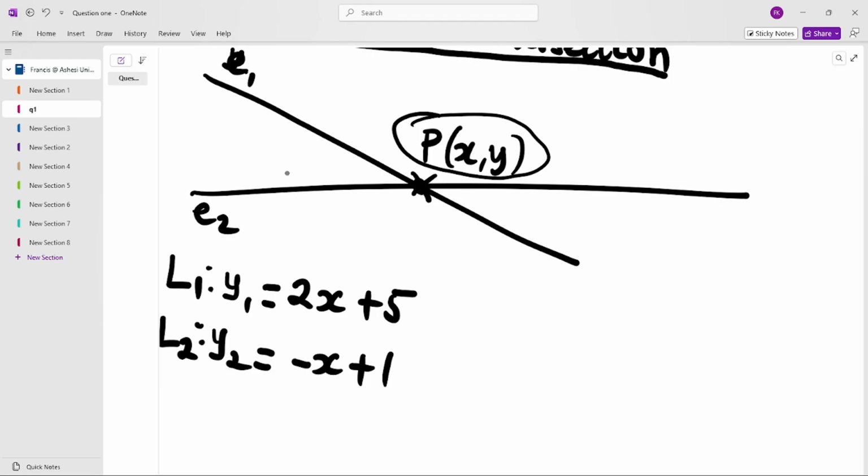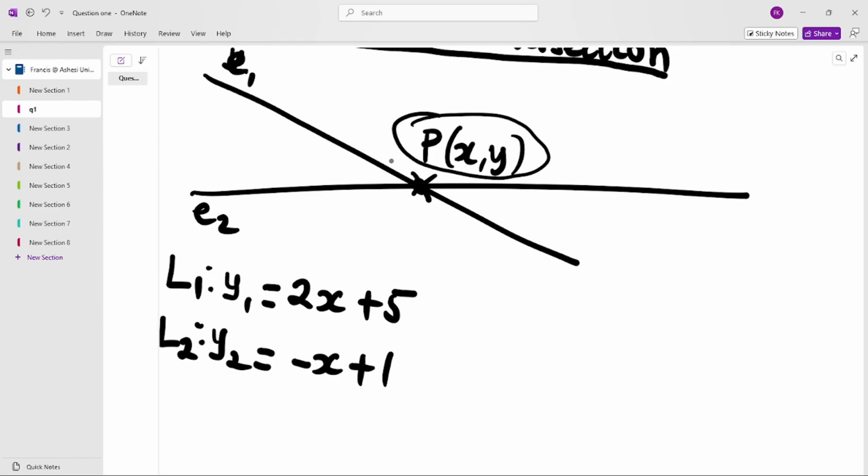Because two straight lines can only meet at a maximum of one point. So that particular point is going to be a unique point for both lines. So how do we find that? At the point where they meet, the two lines have a unique point where the y value and the x value are the same on both lines.